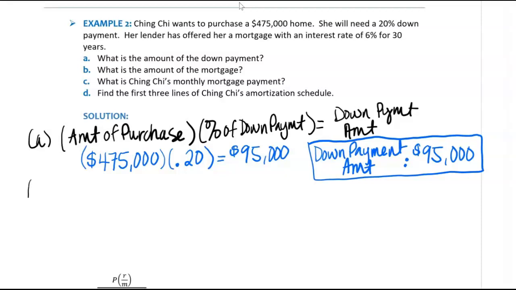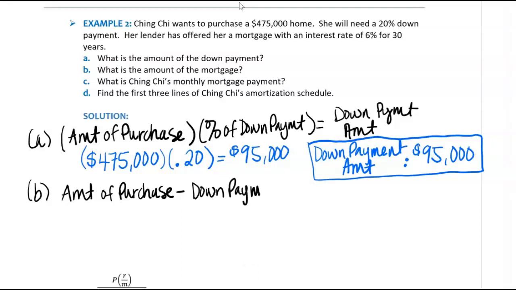Part B. What is the amount of the mortgage? To find the amount of the mortgage, we must take the amount of purchase and subtract the down payment amount we just found. And that will be the amount of the mortgage.